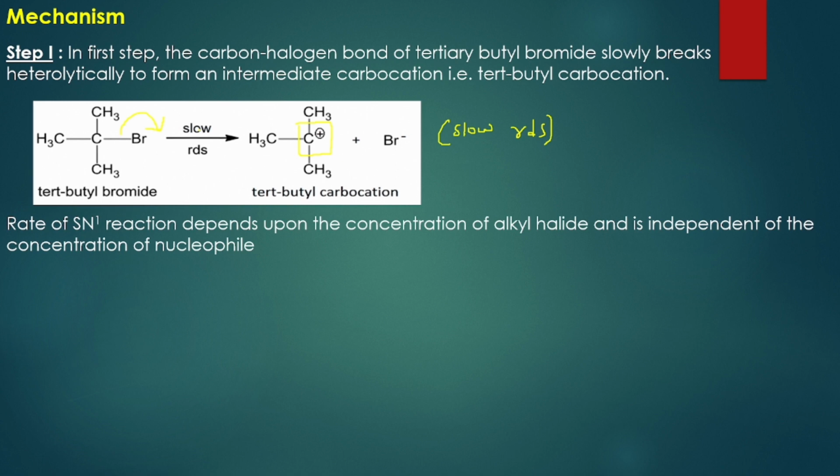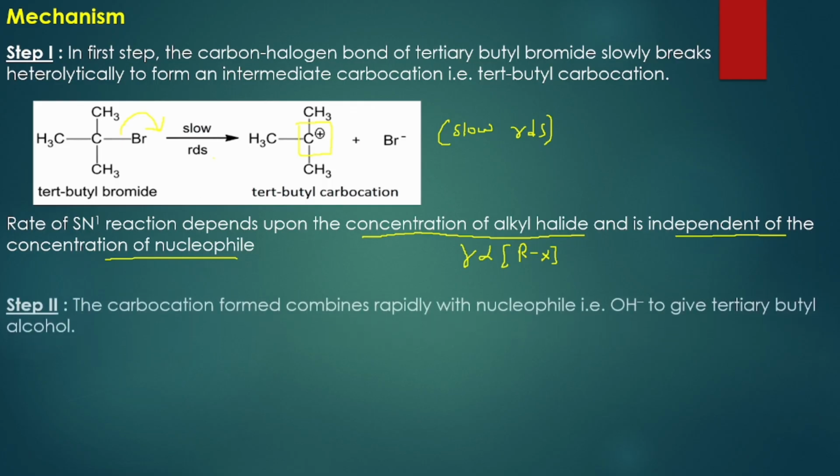There is no role of nucleophile here. That's why the rate of the SN1 reaction depends only on the concentration of alkyl halide and it is independent of the concentration of nucleophile. The rate of reaction is directly proportional to the concentration of alkyl halide only.